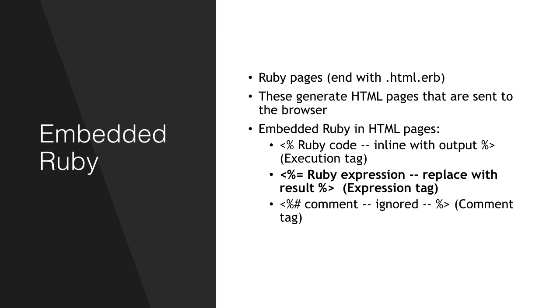And notice that there is not an % angle bracket. The % only goes in the opening part of the tag. And then finally there is a comment tag, but I don't see those in the .erb files very often. But it is there in case you want to make a comment. And it's just ignored like a sharp sign would be ignored in any Ruby code. So that's what those are, and you'll see them and see how they're used in the Hartle tutorial.